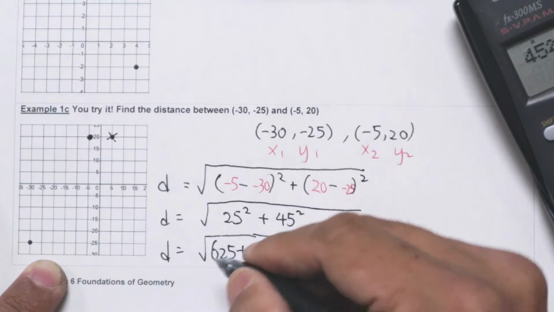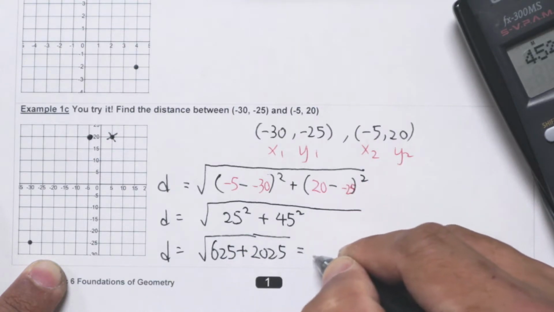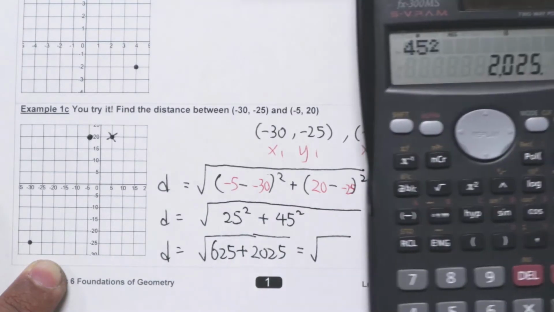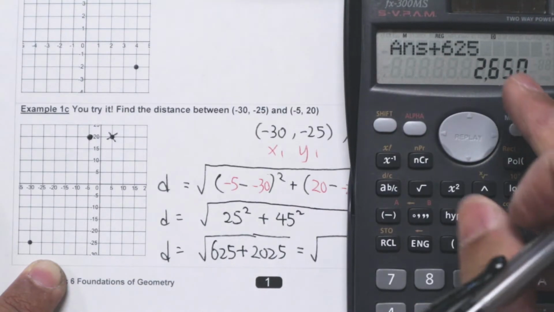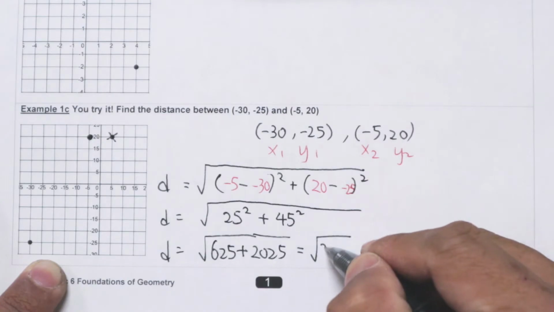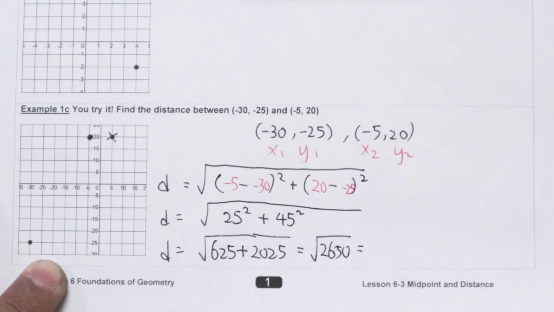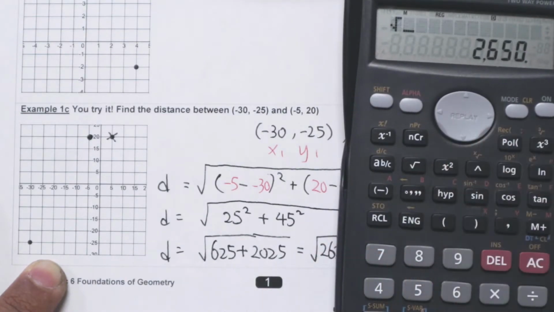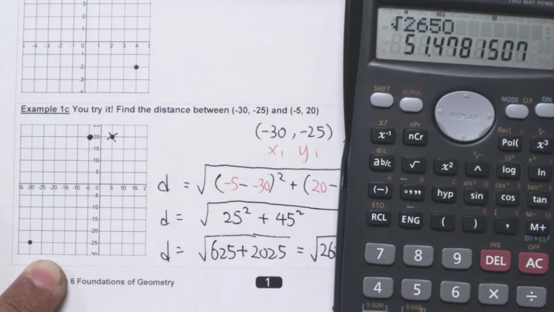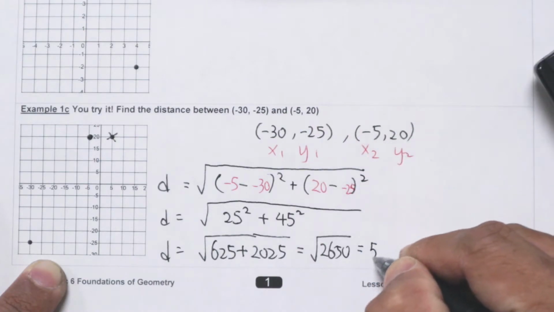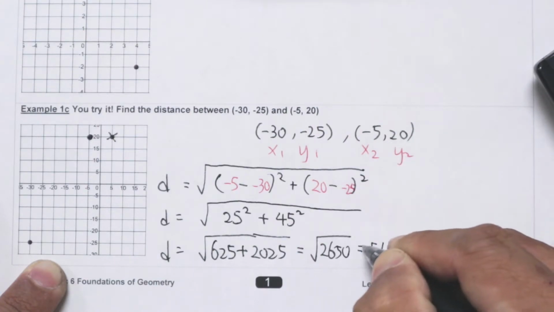I'm kind of running out of space, but I could just write it here. So 625 plus 2025 is 2,650. And you need to find out what is the square root of that. So I'm going to type in square root of 2,650, and you get 51.48. Okay, so it's approximately 51.48 units long.